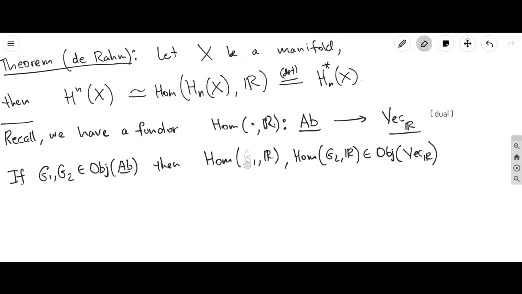And if you have a homomorphism, you can rescale it by multiplying it by a real scalar. So the properties of a vector space will be satisfied.